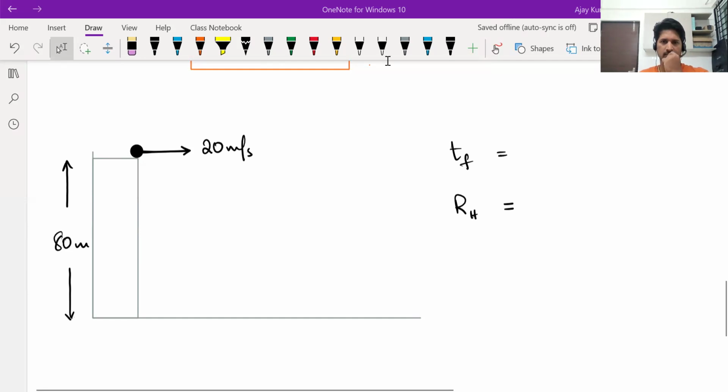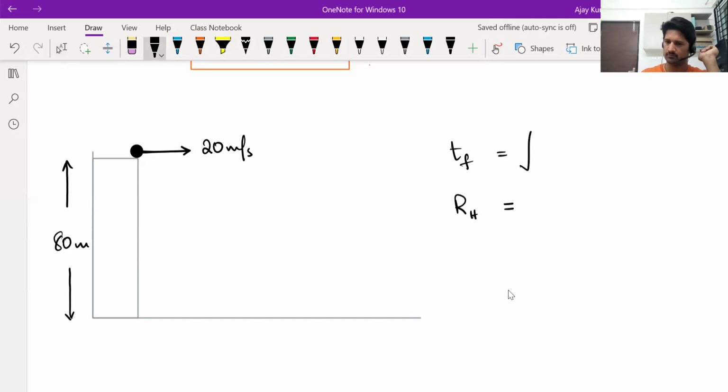Sir, is it 4 seconds? What is the formula you applied? 2u by g. 2u by g. How do you justify that this formula can be used in this case?